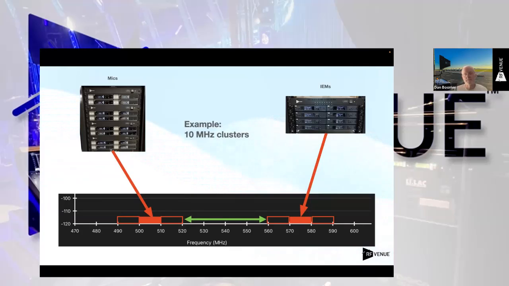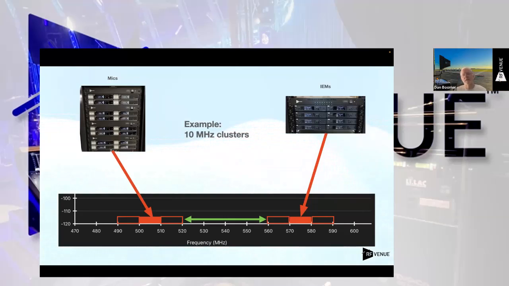No overlap. Now, if you can't tune that way because your gear won't let you, if you've got some that tuned from 470 to 500 and some that tuned from 500 to 530, you can't tune that cluster tight. It doesn't matter if nine of the microphones fit inside that but one is outside; the cluster is as big as the biggest spread.